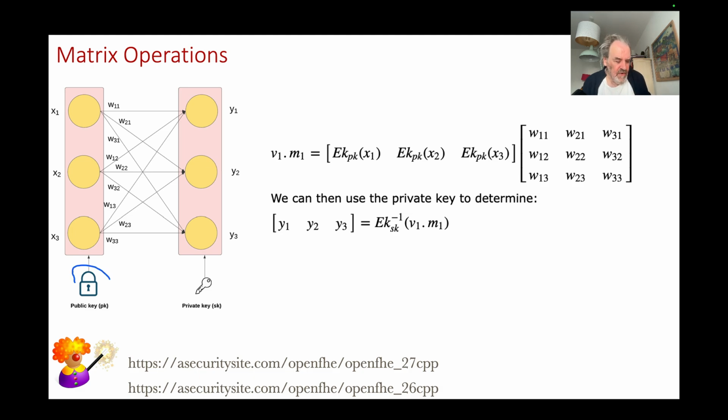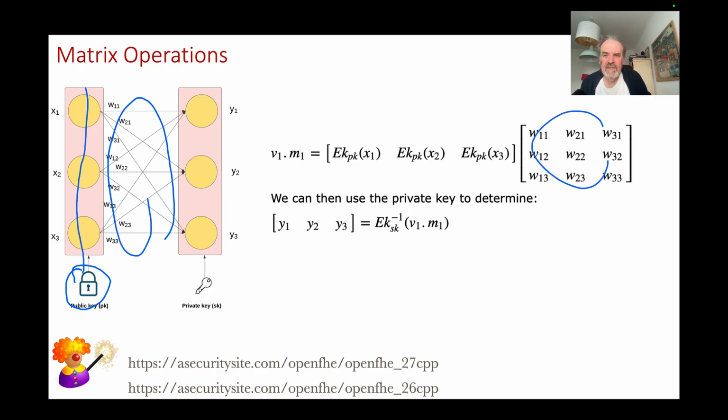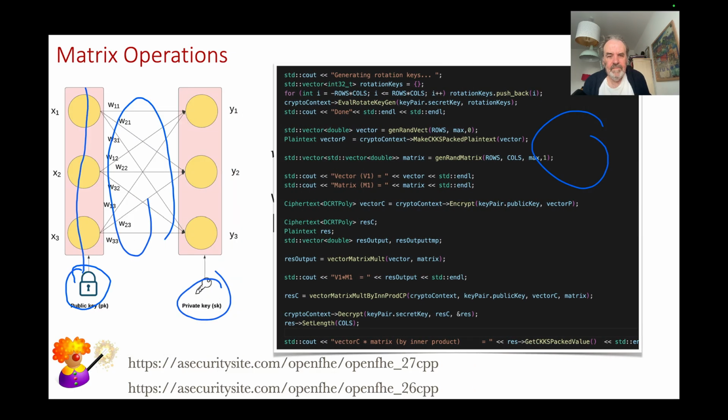In this case, our input vector would be encrypted with a public key. We can then multiply that encrypted value with a matrix value for the weightings of the neural network, produce our output, and then decrypt the output with our private key.